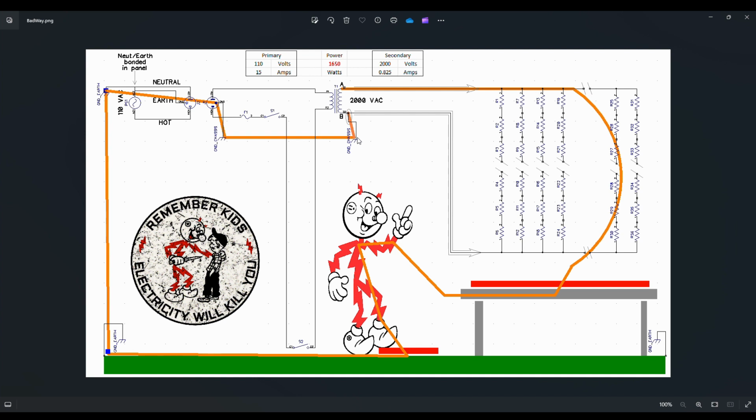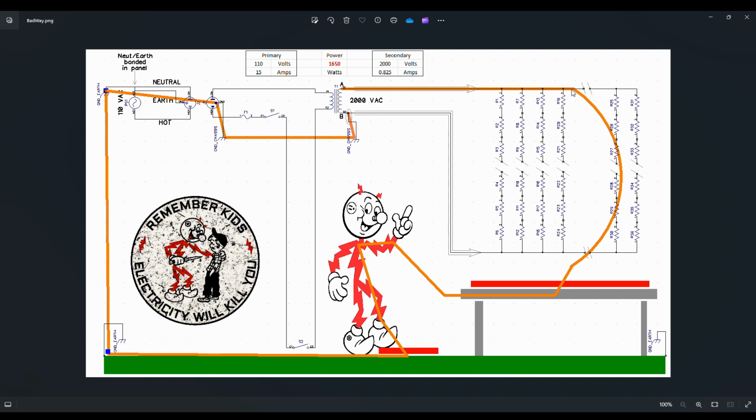Now, let's take a look at the normal current path you want in just a second and come back to this, but let's take a look at current leaving terminal A. Now, of course, you're going to say this is AC, the current's coming into and going out of A all the time, 60 times a second, or 50 if you're in Europe, but let's just speak about it like it's going out.